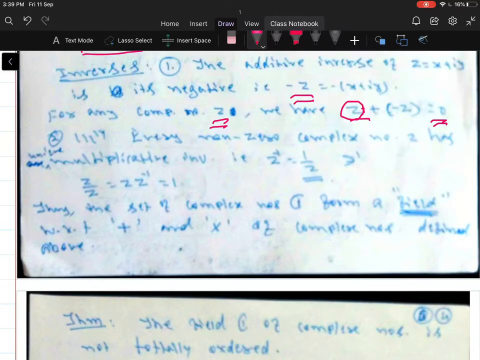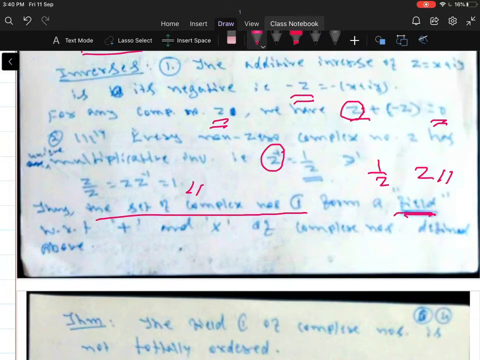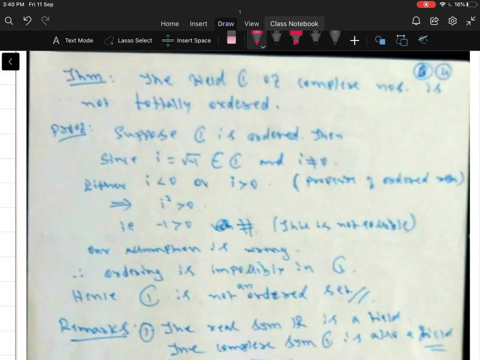Similarly, every non-zero complex number z has a unique multiplicative inverse, that is z to the power of minus 1 = 1/z, such that z/z = z into z inverse = 1. Therefore, 1/z is the multiplicative inverse of z. Thus, the set of complex numbers C forms a field with respect to addition and multiplication of complex numbers which we defined above. Now let us move to the theorem.